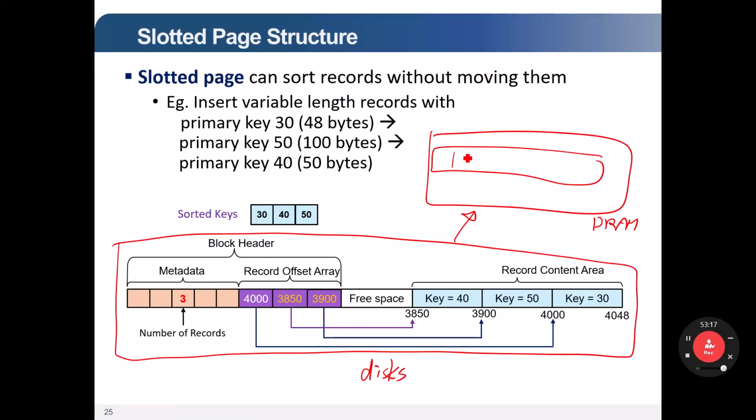Once you load this disk page into main memory, the file format will be preserved, and some query thread may access this last data with key 30, and another query Q prime may access the record with key 40. If these two threads are currently accessing these two data items, then it is not allowed to move around this data. They are protected.